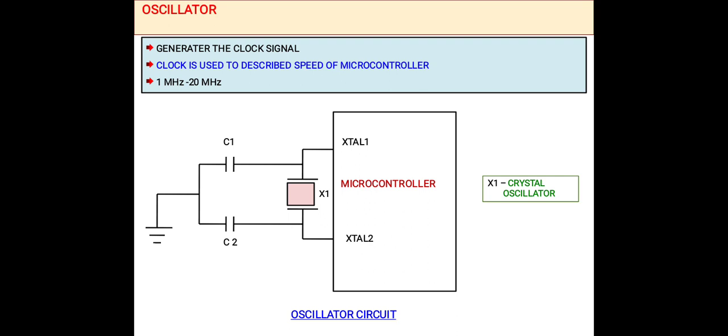If you want lower processing, meaning lower speed, then we use a lower frequency crystal oscillator. The crystal oscillator nominal frequency is 12 MHz or 11.059 MHz.